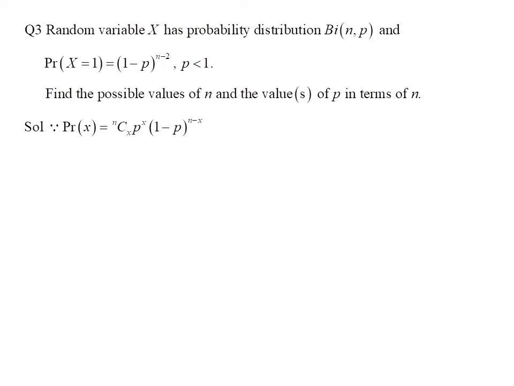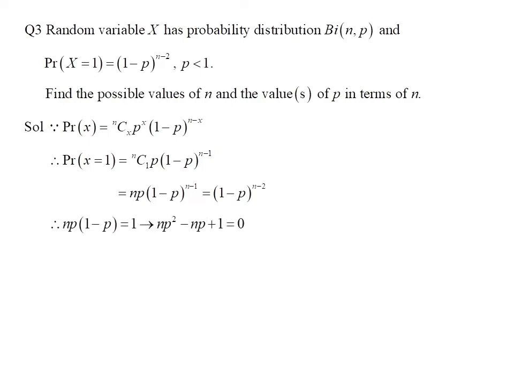P(x) is equal to nCx times p to the power of x, then times (1 minus p) to the power of n minus x. Since x is equal to 1, the equation becomes np times (1 minus p) to the power of n minus 1 equals (1 minus p) to the power of n minus 2.